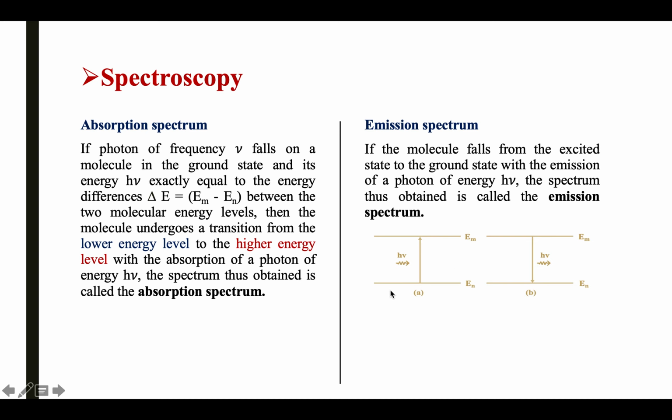If your molecule is in the ground state, it will absorb a particular photon energy and go to the higher state after absorption of the photon. In the other case, this is the emission spectrum: the excited molecule is in the higher state, and after releasing a photon of energy h nu, it comes to the ground state.